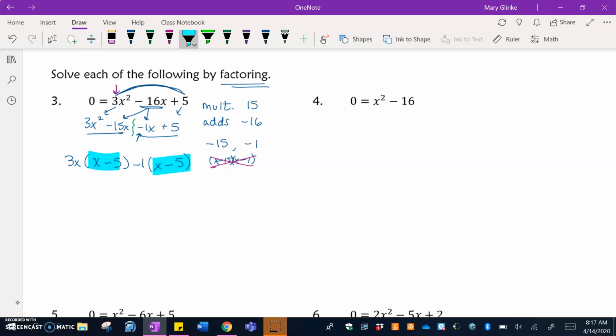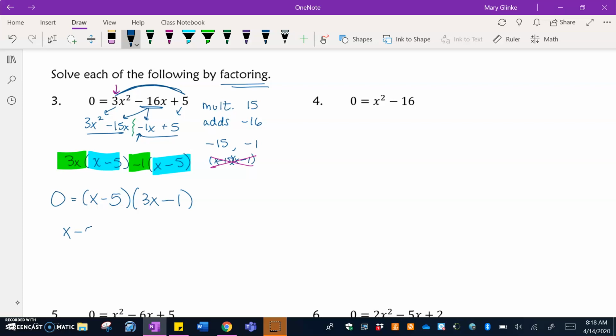These two factors are the same. That has to happen. If it doesn't, the factoring does not work. Since these two factors are the same, one of my overall factors is going to be x minus 5. My other factor is going to be the coefficients that I took out, the 3x minus 1. So this is the factored form.